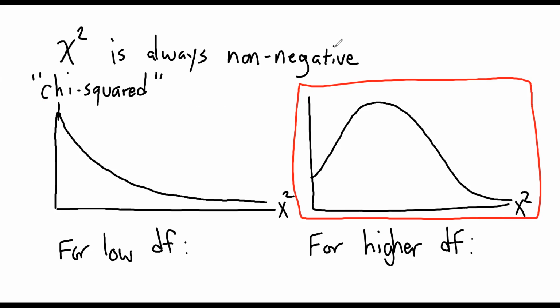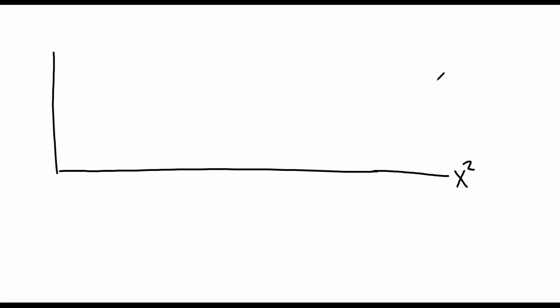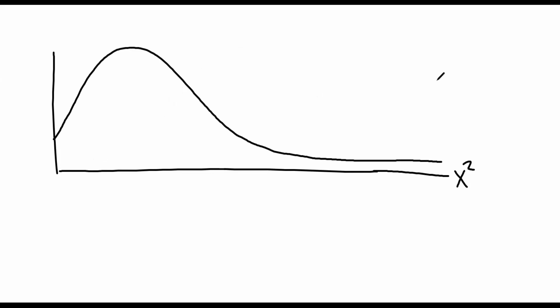All right, so now that you know what the shape of a chi-squared distribution curve looks like, what does the table look like and how are we going to use it? Let's just pull up the table. Let's go to our Canvas shell.